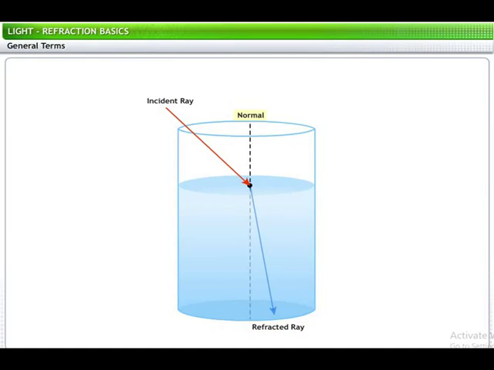The perpendicular line between the two media is called the normal. The angle formed between the incident ray and the normal at the point of incidence is known as angle of incidence. The angle between the normal and the refracted ray is known as angle of refraction.